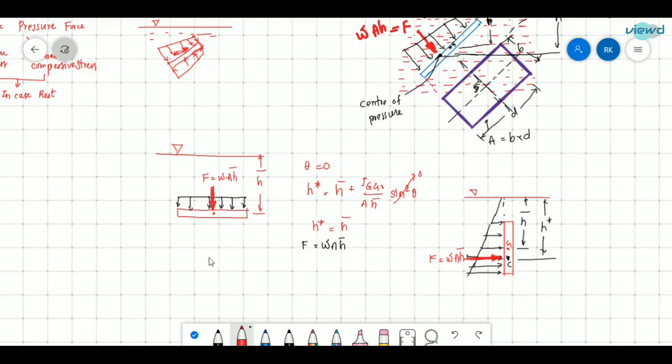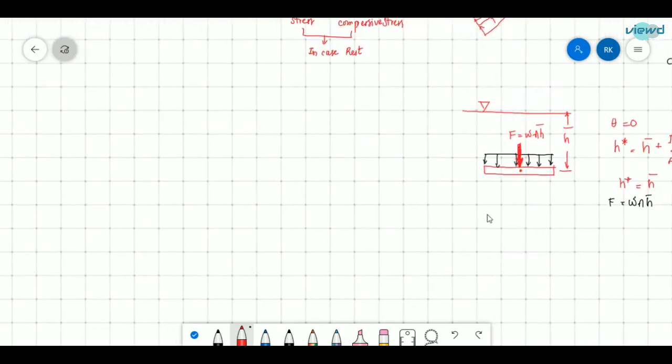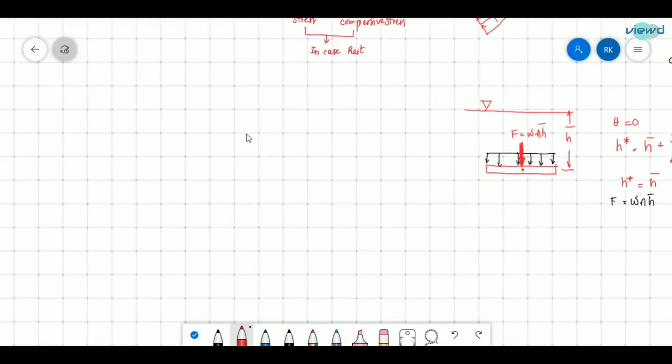And for different shapes, different h star is given, and we will see about it now. Just remember this formula. This is the free surface, and there is this rectangular surface touching this free surface, and this height is h. It's not h bar, it's just h.